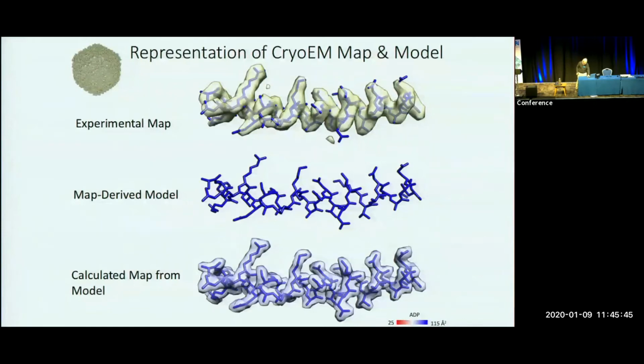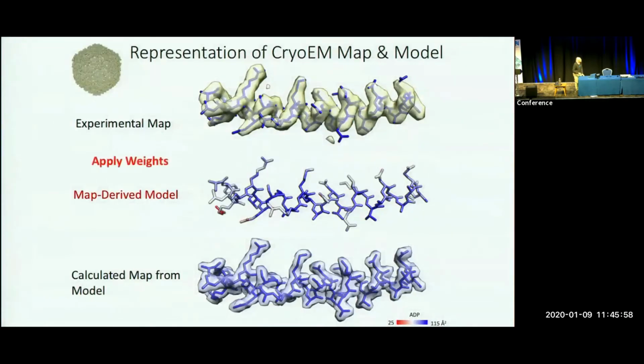The way to do this is to compute the atomic displacement parameter, which Paul Adams called the B factor. In such a way, every atom has an atomic displacement parameter, so that when you deposit, you are not just depositing the model with 0 B factor, but you include the parameter in the PDB deposition.